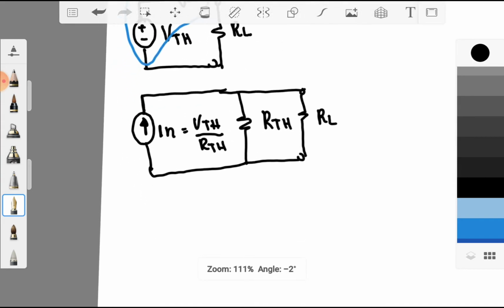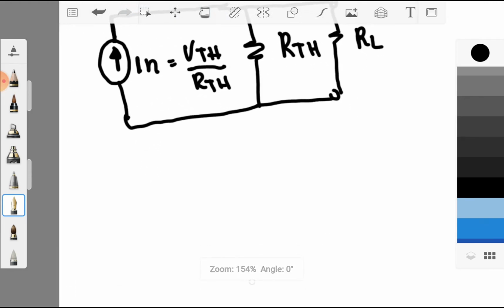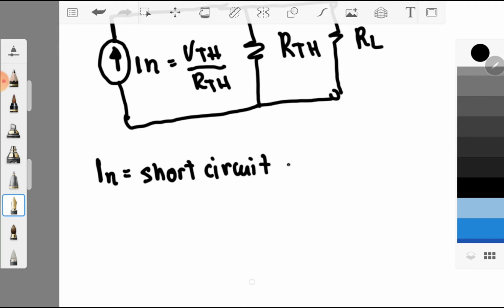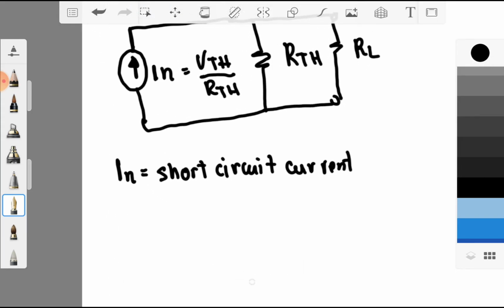So what is this VTH and RTH and IN? Basically, your IN is what you call your short circuit current. That means that this is the maximum current na pwedeng pumasok sa circuit mo. Next is your VTH.